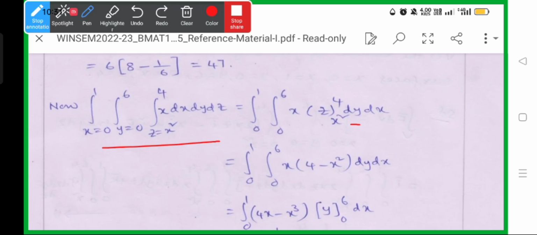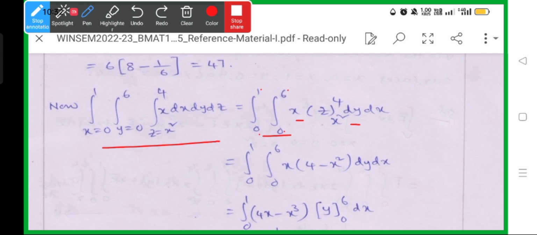Now we have to integrate with dy, that is this term. Already we finished dz. Now we have to integrate with dy. So x dx dy dz becomes now 0 to 1, 0 to 6 of x z dy dx.